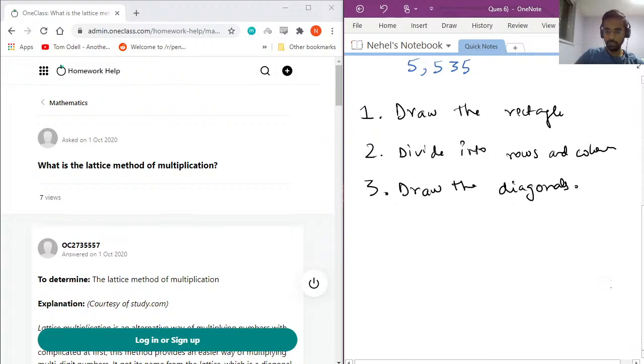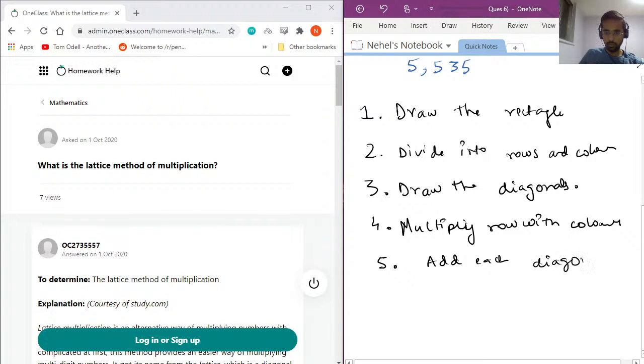Number 4 would be to multiply across row and column, so multiply a row with a column. And then 5 would be finally add each diagonal. And your answer is the final number from left to right.